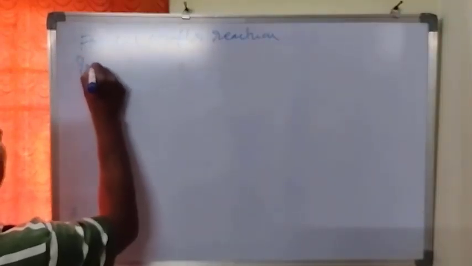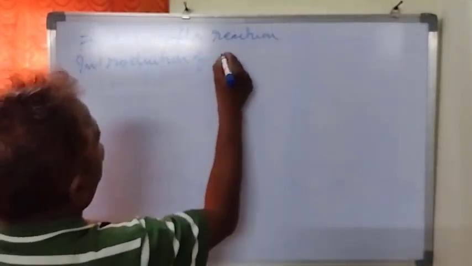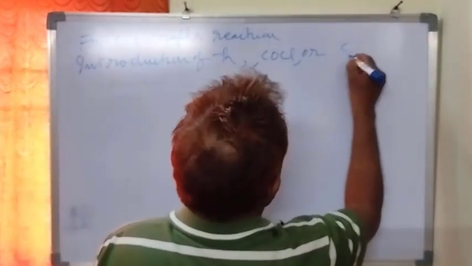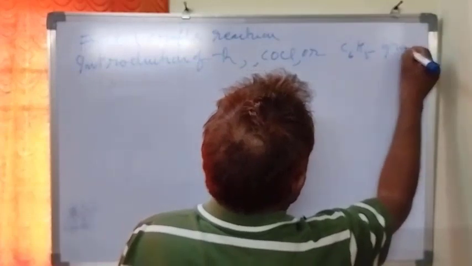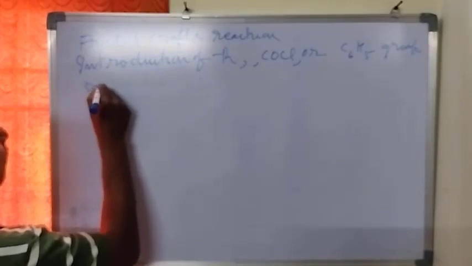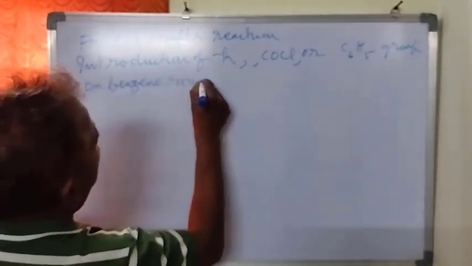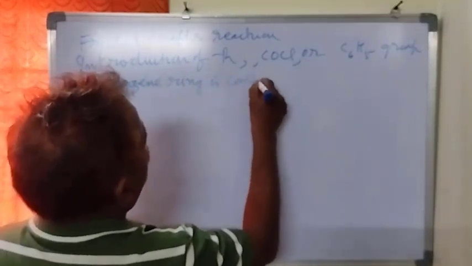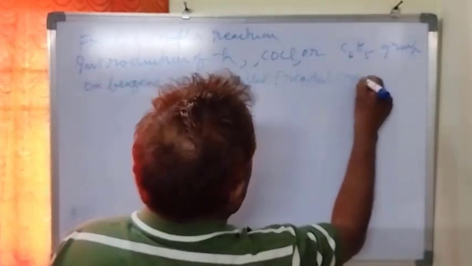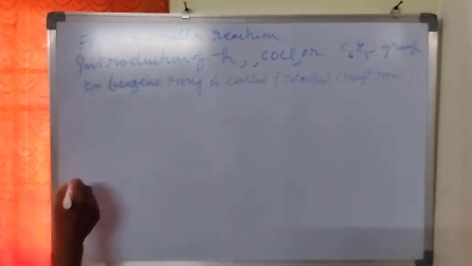That is, the Friedel-Crafts reaction means introduction of alkyl, RCOCl or C6H5CO group on the benzene ring is called Friedel-Crafts reaction.